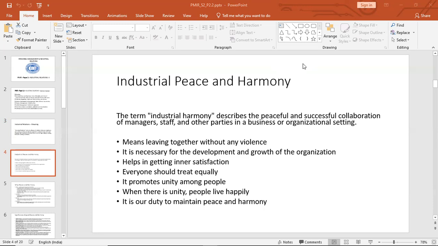Because we understood it minimizes the number of strikes and lockouts and increases productivity. So there are different steps and different approaches to maintain the peace and harmony within the organization. What are these approaches?